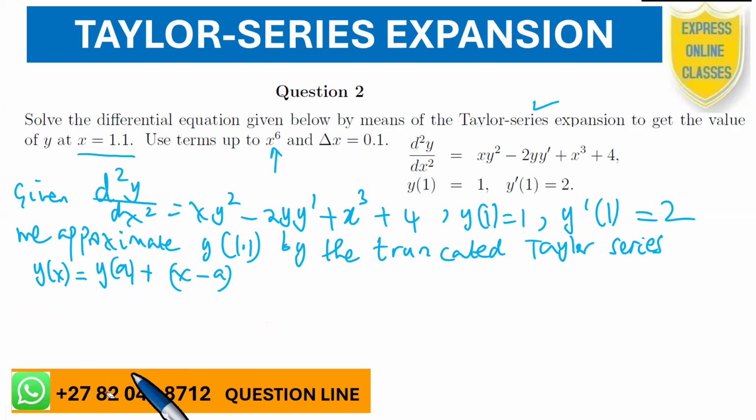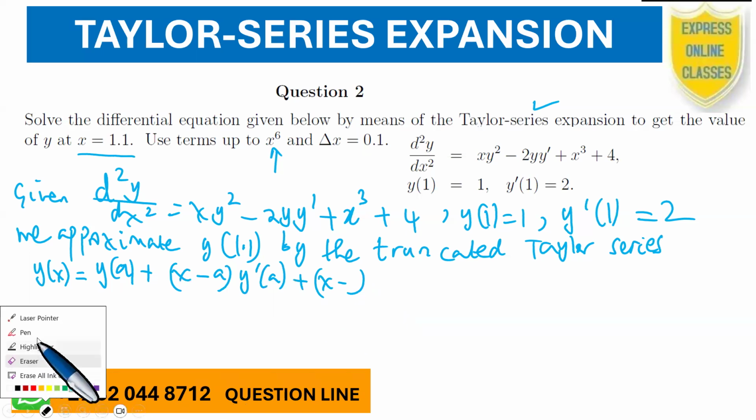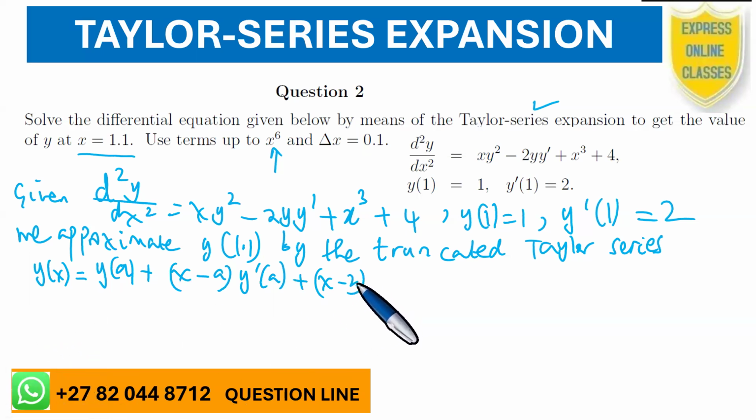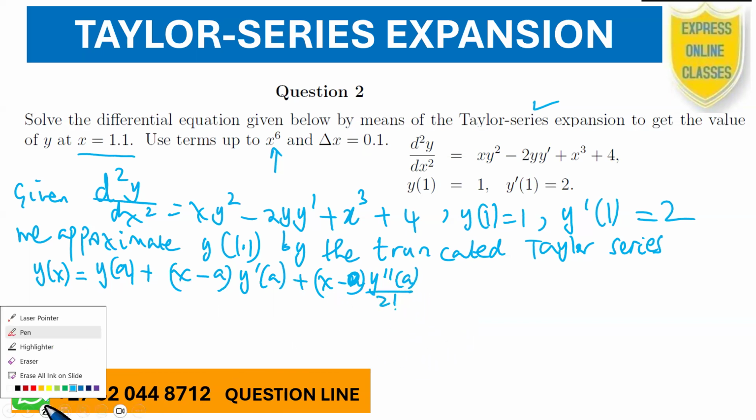You can subtract the a like that, and then you put y prime at a. You divide by 1 factorial, and then you have x minus a, then y double prime at a, then you put 2 factorial, like that.